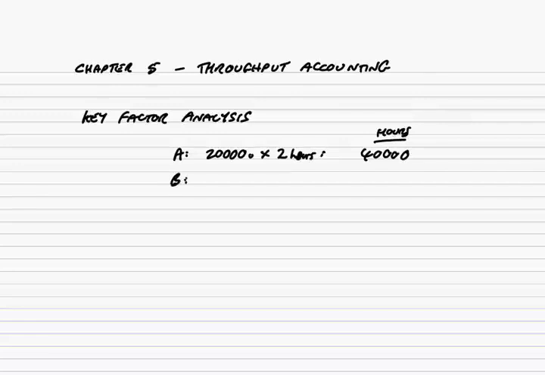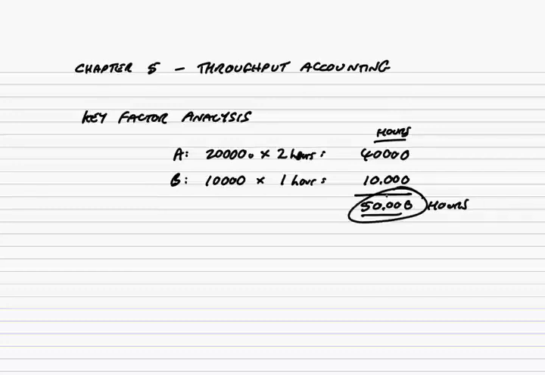Additionally, for product B, we want to produce 10,000 units, because that's what we can sell. Each one takes 1 hour to produce. That would take 10,000 hours. So in total, we'd need 50,000 hours. But of course, we've only got 48,000 available. And so again, we're not capable of producing A and B in full.